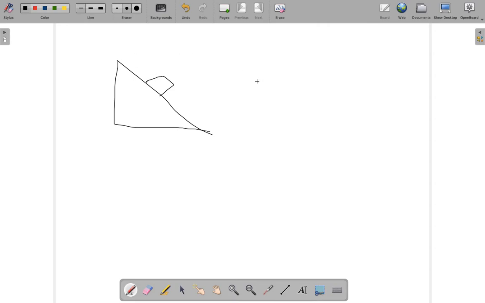It has a mass of m, and this is a realistic ramp, so it's frictional, it's not frictionless, and it has a coefficient of kinetic friction as mu sub k and coefficient of static friction as mu sub s.